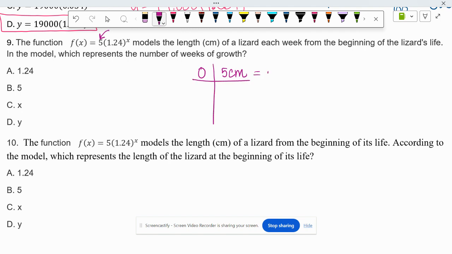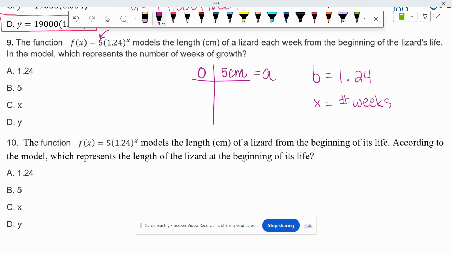So this is my A value. What is my multiplier? Do you guys know? Yeah, 1.24. That tells me how much it's growing each week. It's growing by 24% each week. So X represents the number of weeks.